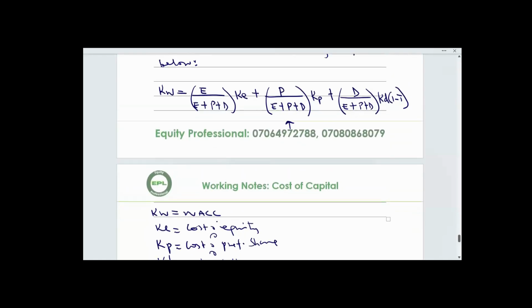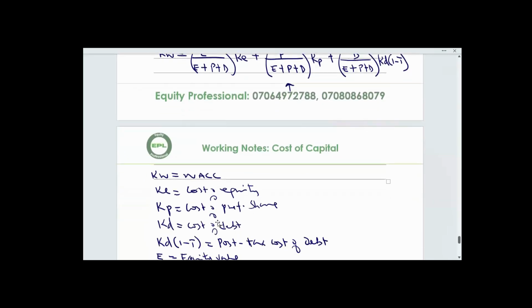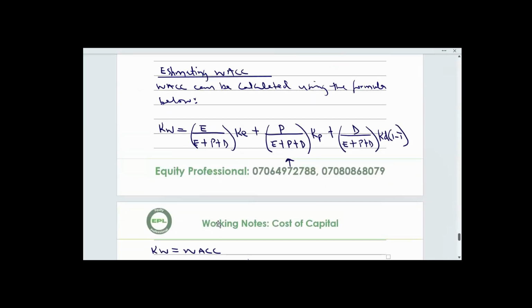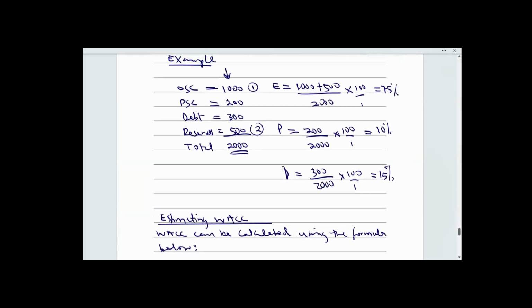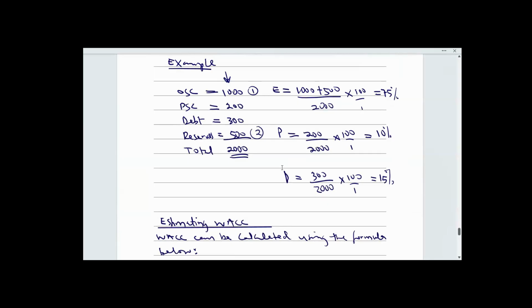If preference is not there, you just do equity over equity plus debt multiplied by cost of equity, plus debt over equity plus debt multiplied by after-tax cost of debt. That's all you need to do. But if you have the three of them in the capital structure, you have to use the entire formula.